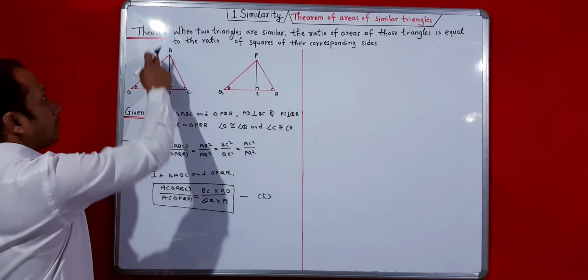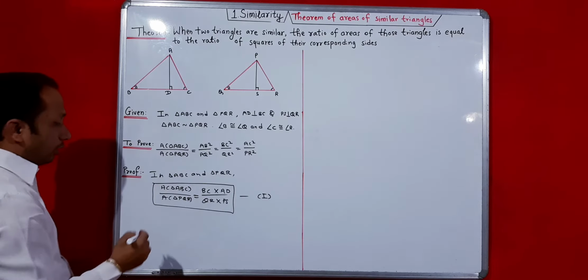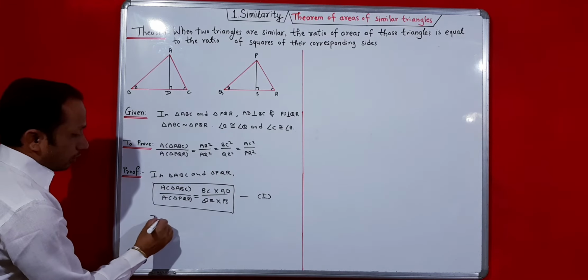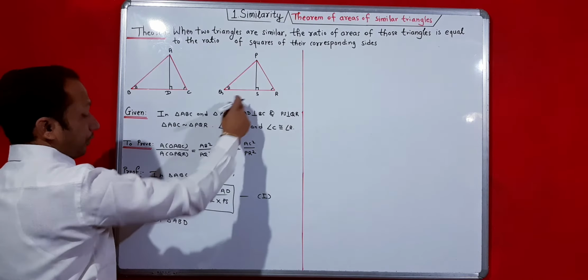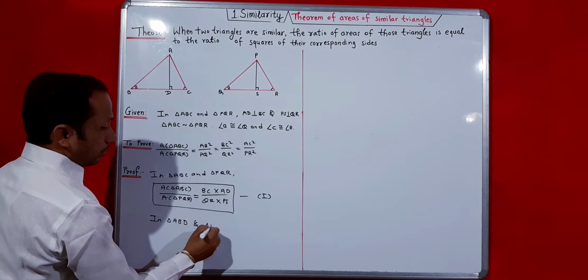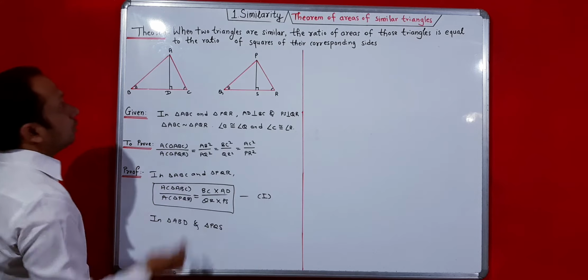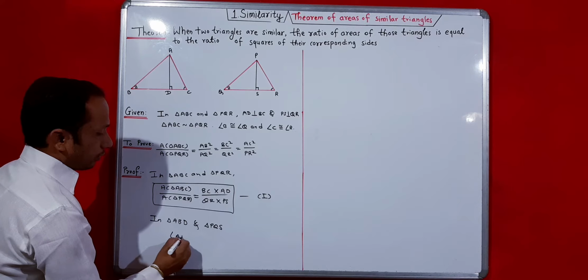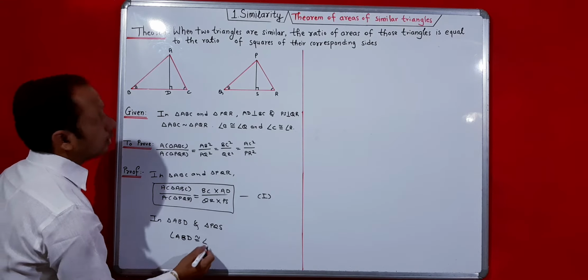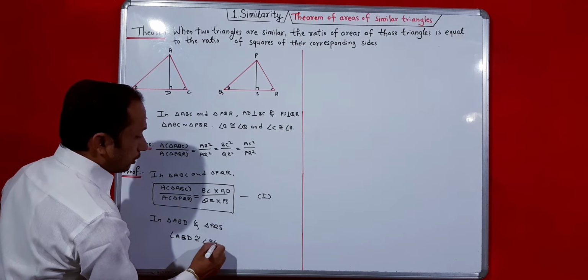Now we'll take triangle ABD and triangle PQS. What do you know? Angle ABD is congruent to angle PQS.